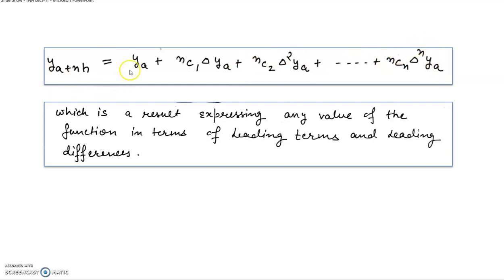If we are starting with 0, the leading terms may be y0, delta y0, delta square y0, delta n y0. Whatever the starting point is, we have the leading term in terms of that point and its first order differences, second order differences. So here we are writing any value of the function in terms of only leading terms and leading differences. So this is also a result you have to remember.